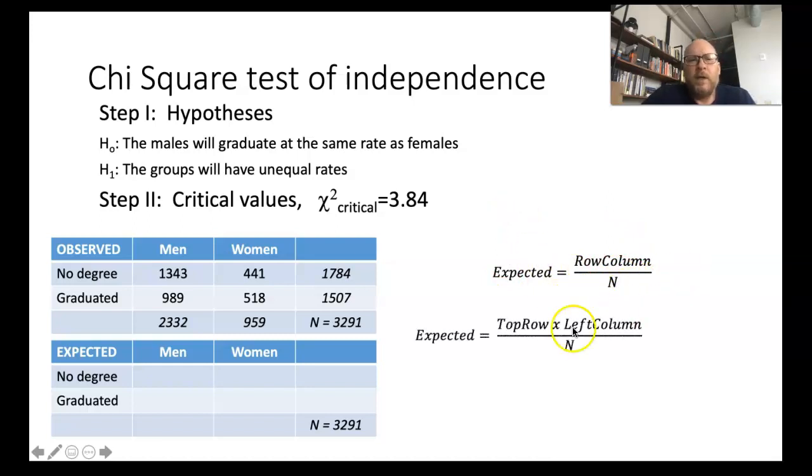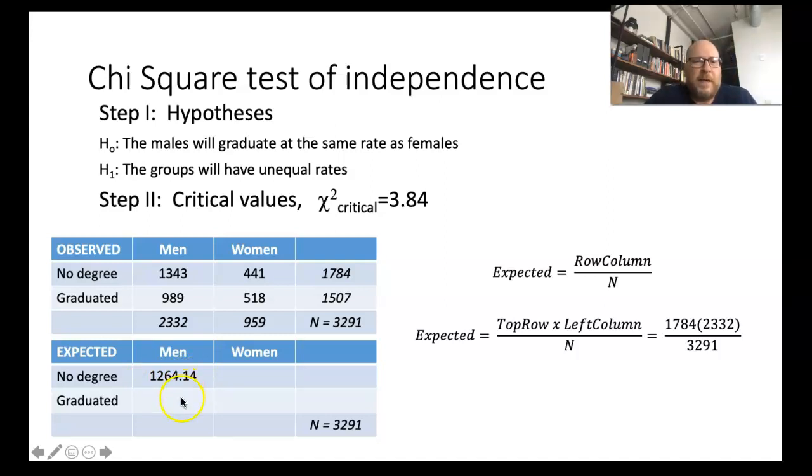The first one up here in the top left, I need to find the expected value of men with no degree. And to do that, I'm going to get the top row, 1784, left column, 2332, divided by the total number, 3291. And I put that number right here. That gives me 1,264.14.